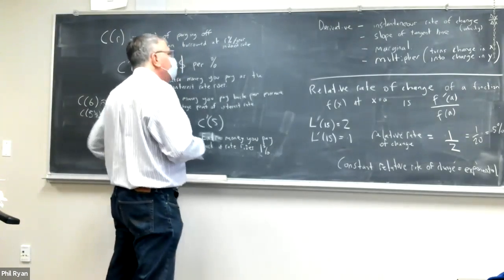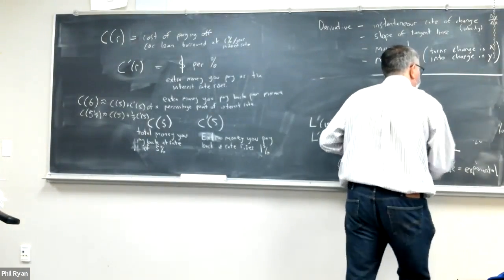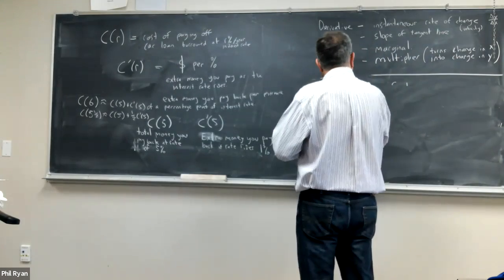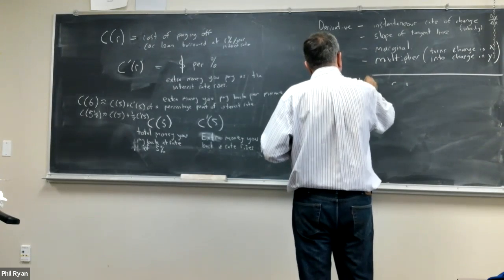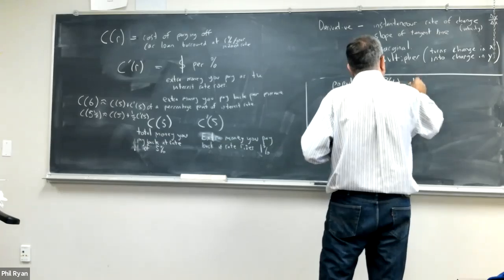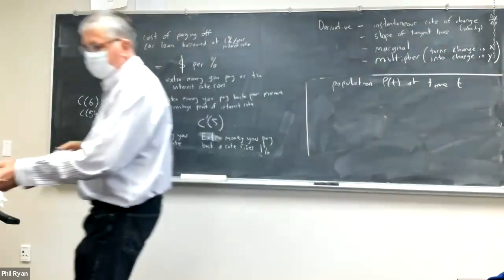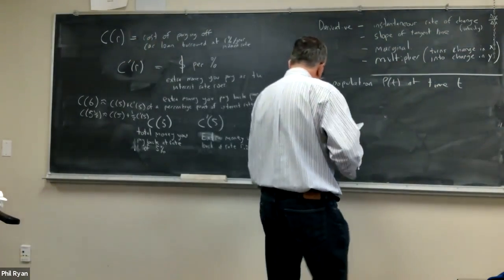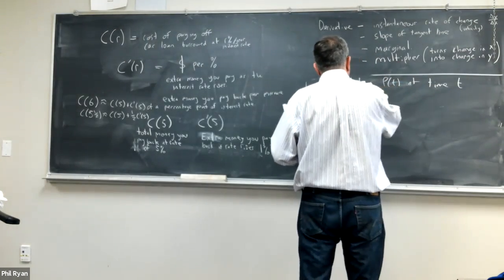Okay, let's do just one more. Let's say we have a population P of t at time t, in millions.